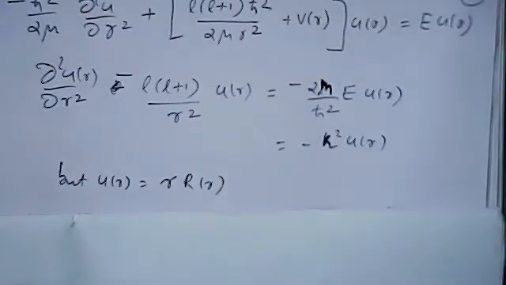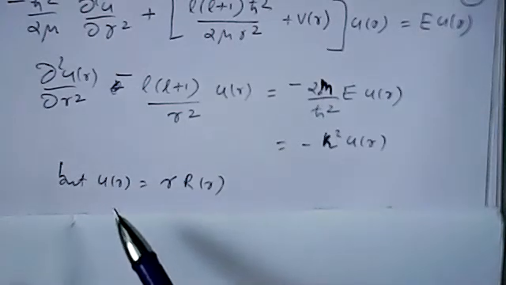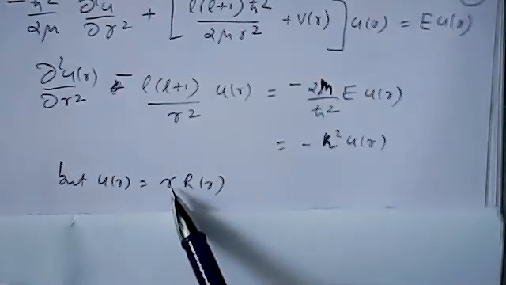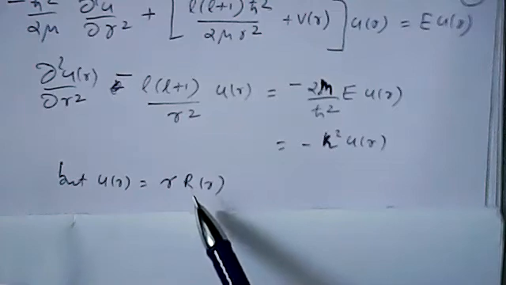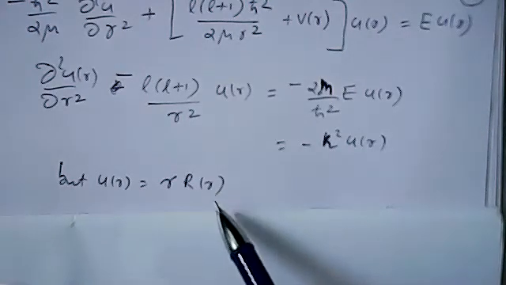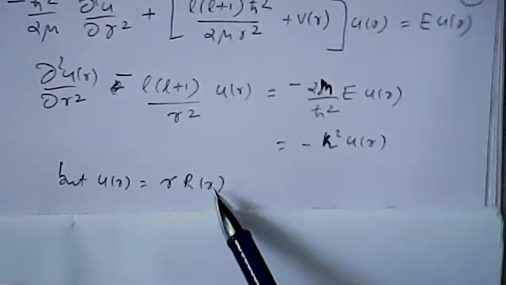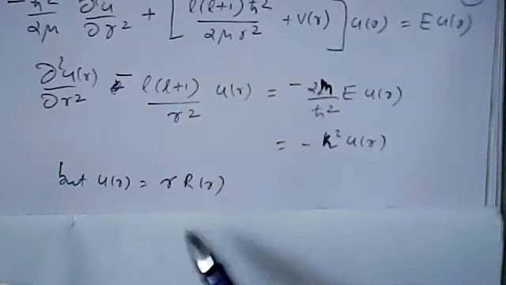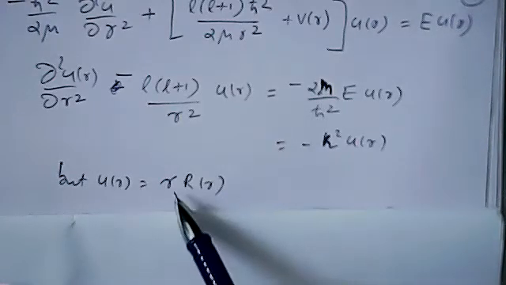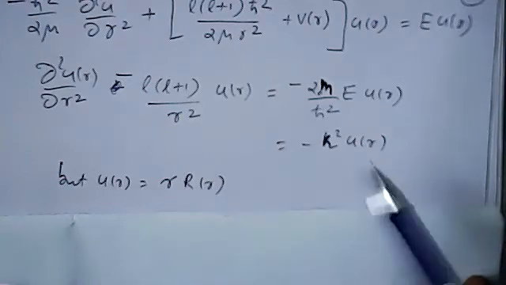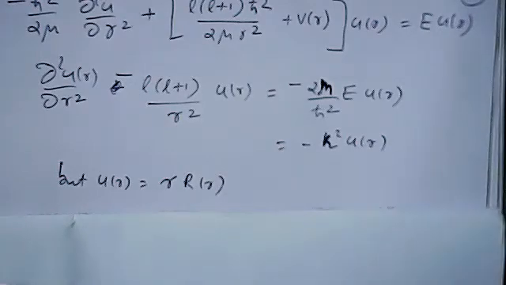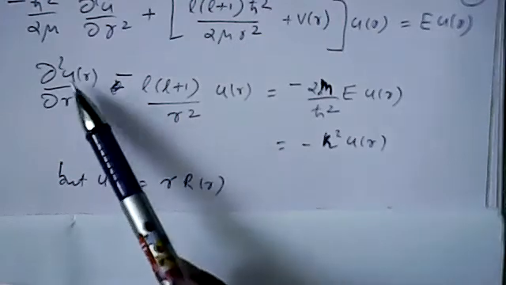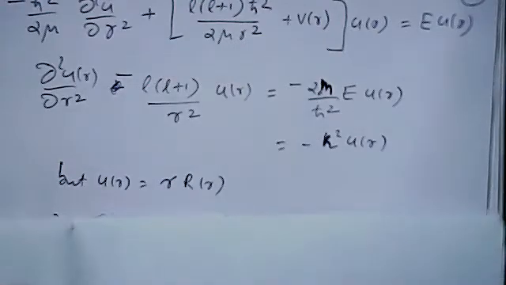Okay. Now you substitute back, which we earlier did, u equal to small r into capital R. Capital R is the radial wave function, which is a function of the radial coordinate small r. So u of r equal to r into capital R. This we have already substituted earlier and got this equation. We took the same equation back.